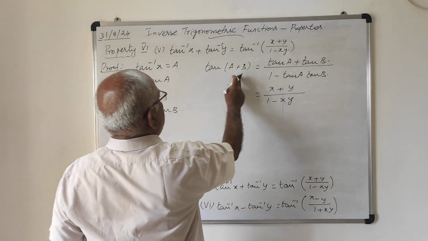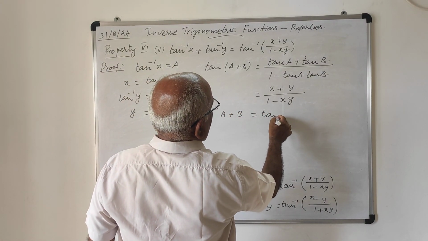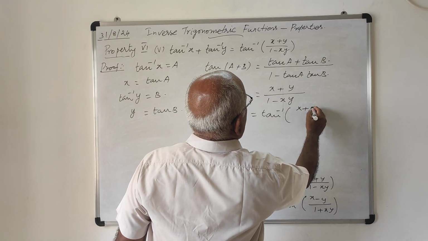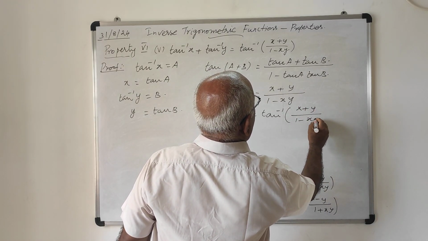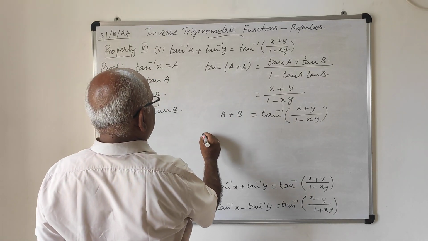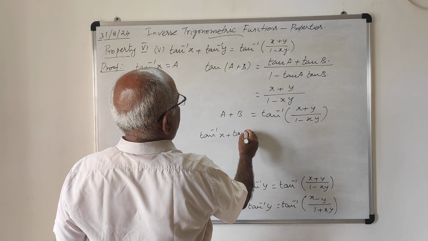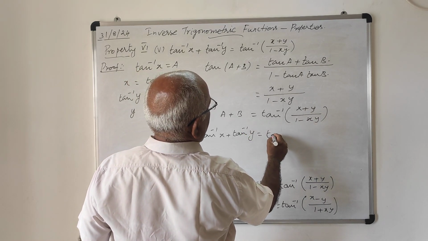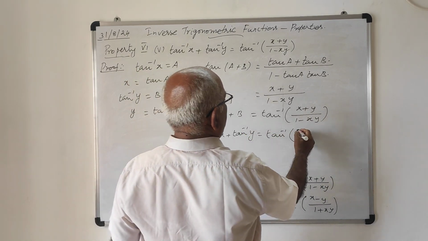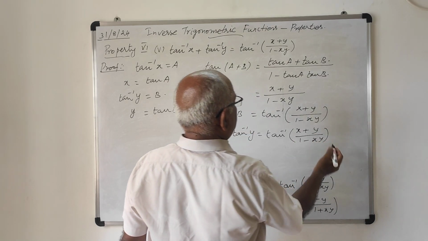From this, a plus b equal to tan inverse of x plus y by 1 minus xy. What is a? Tan inverse of x. Plus b, tan inverse of y, equal to tan inverse of x plus y by 1 minus xy.